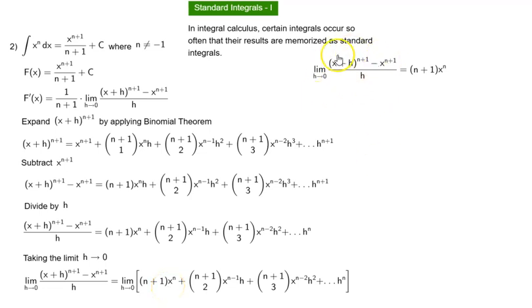Okay. Now what does the left hand expression signify? The LHS is the derivative of x to the power of n plus 1.